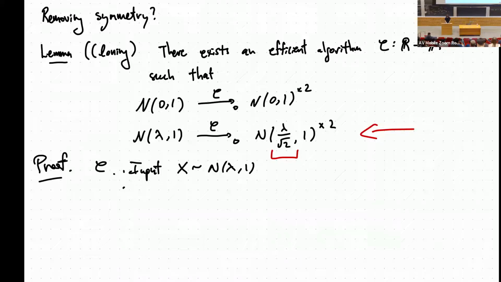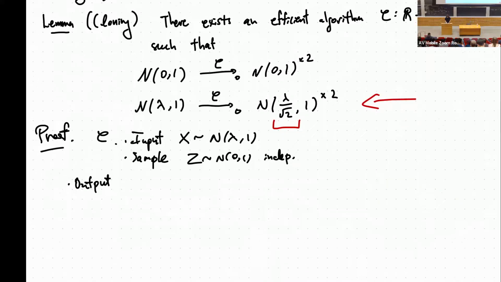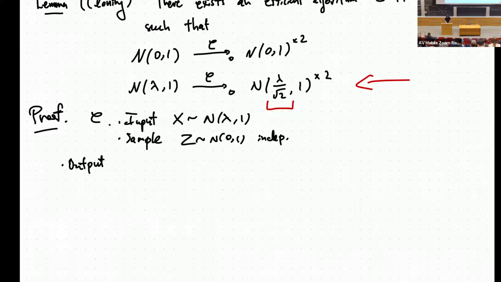Step 2 is sample z, which is standard Gaussian, independently of everything else. And then finally, we're going to output 1 over root 2, and then the pair x plus z and x minus z.